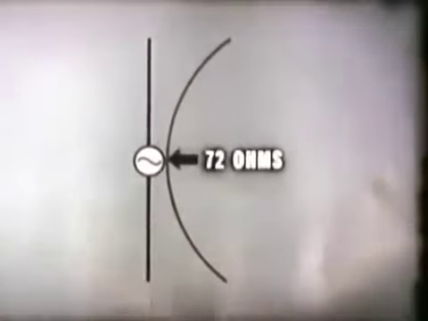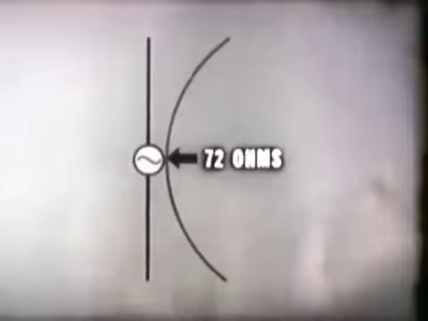Watch what happens to the impedance curve when we make a half-wave antenna out of this line. The general shape of the curve is the same. Impedance is still maximum at the ends of the line and minimum at the center. There is a given value in ohms for this point of minimum impedance, 72 ohms.